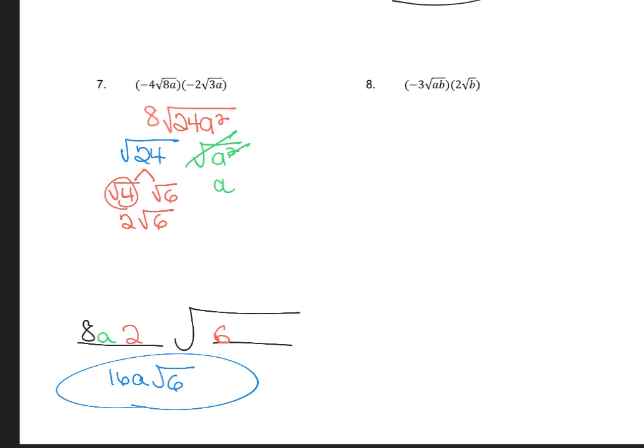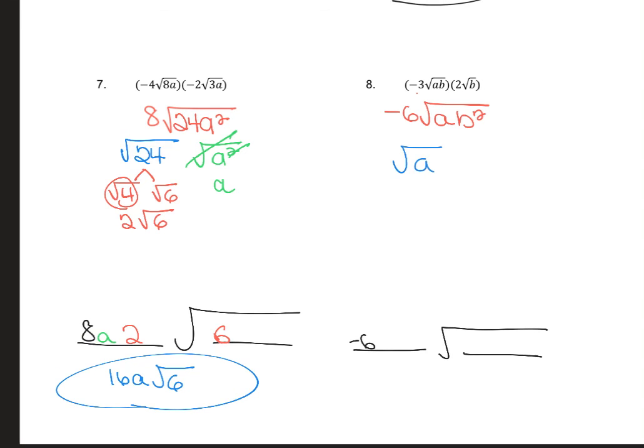All right, what about this final one? -3 times 2 is -6. Root AB squared. So I have, for my template, the -6 on the outside.